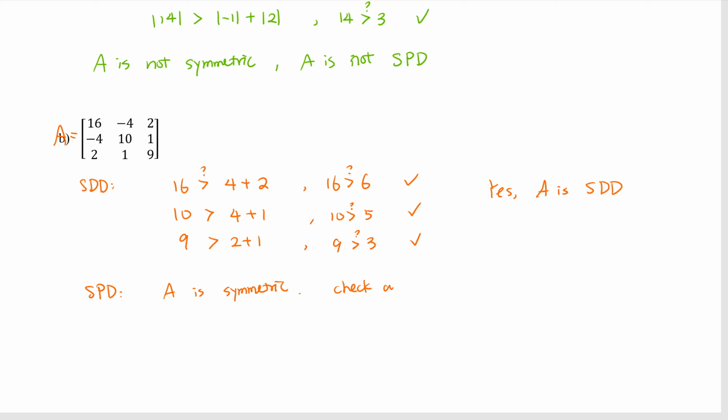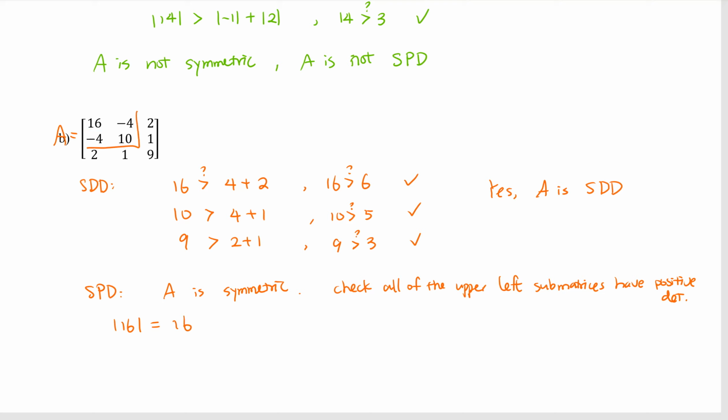Okay, so we need to check that all of the upper left submatrices have positive determinants. The first one, 16, is positive.